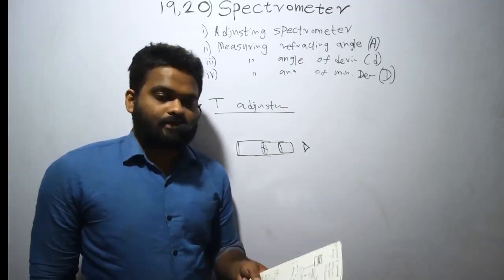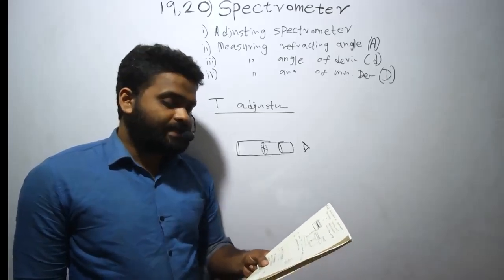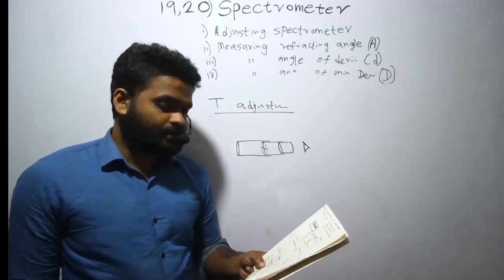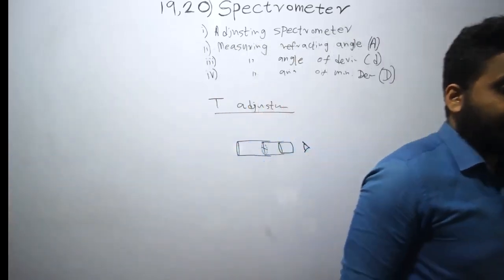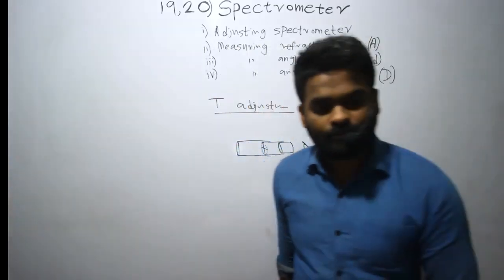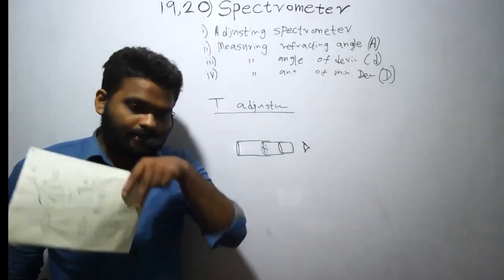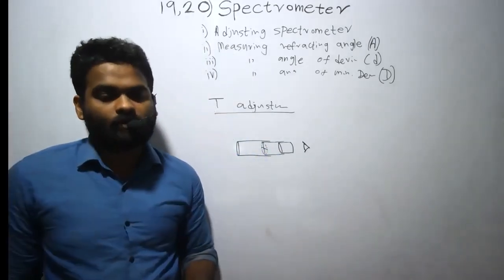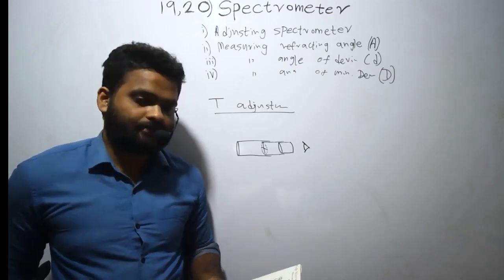After adjustment, T, meaning telescope, is only responsive to parallel light.